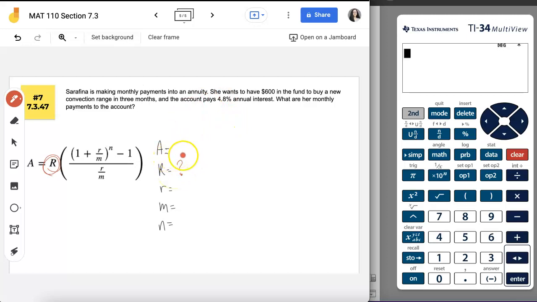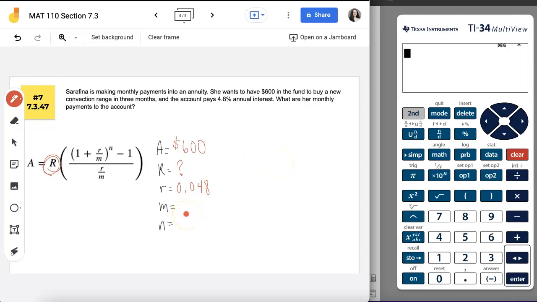A is the amount that is in the account after it is set for some time, and that's this value. She wants her future amount to be $600. The annual interest rate is 4.8%, but written as a decimal would be 0.048.